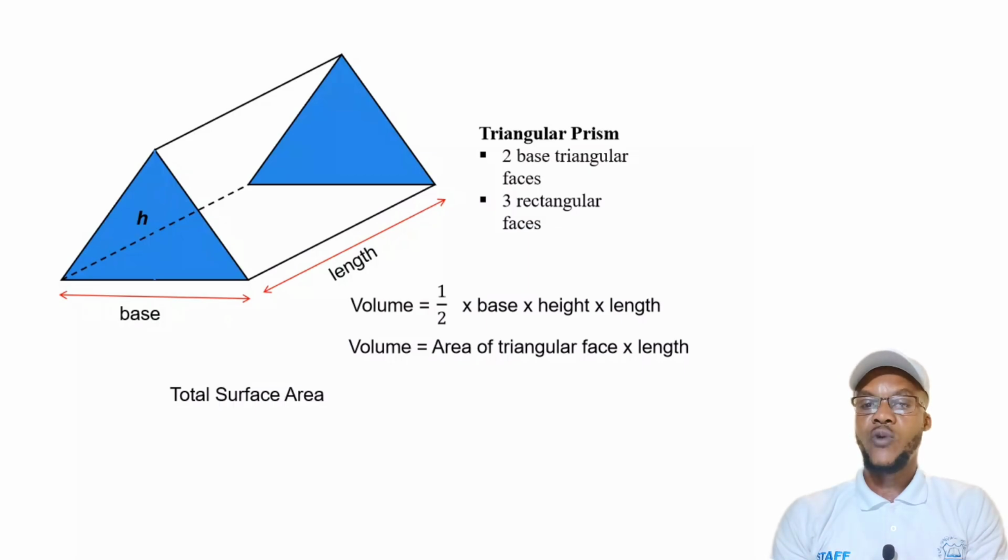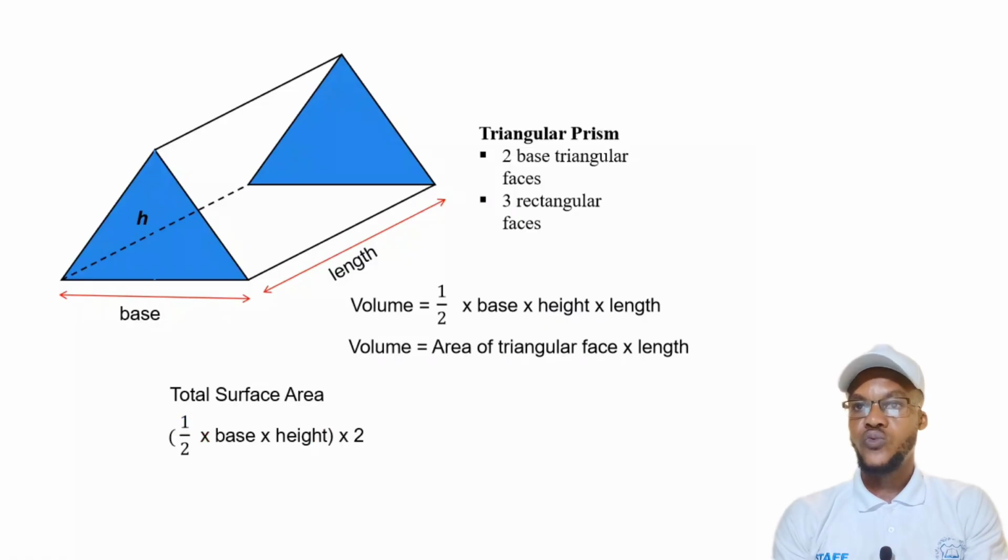So if you find one, it is the same as the other, so you can calculate for one and multiply by two. Finding the area of a triangle where we have the height and the base is just half base times height.